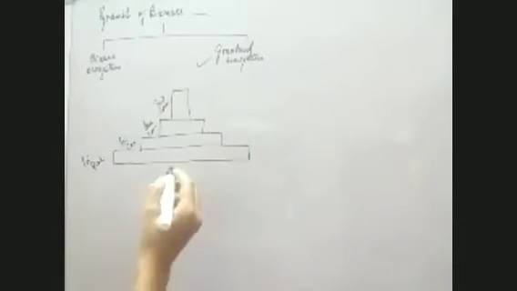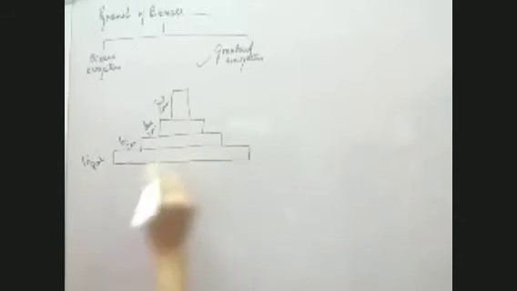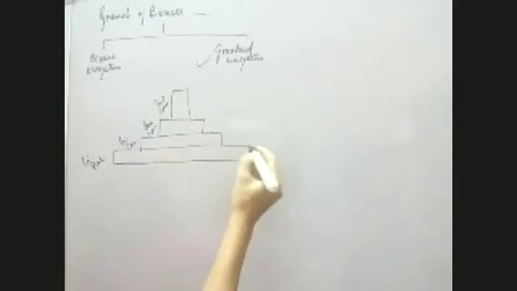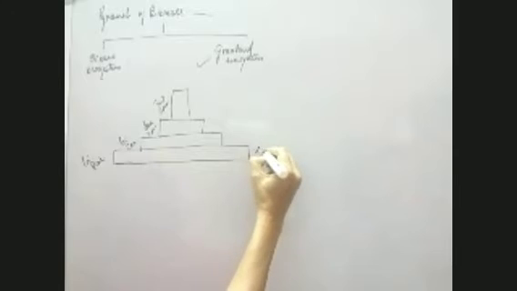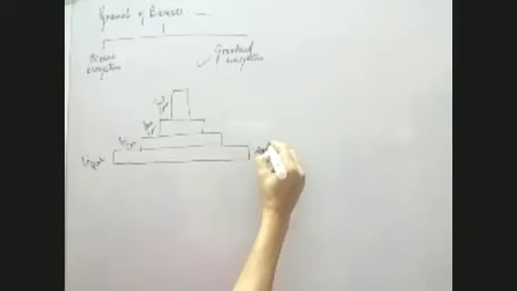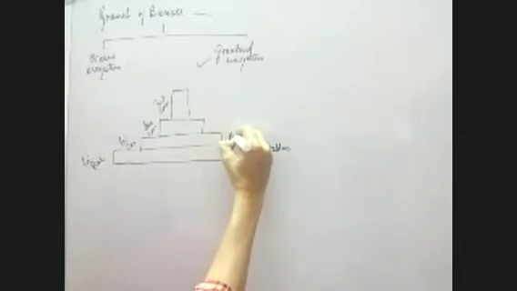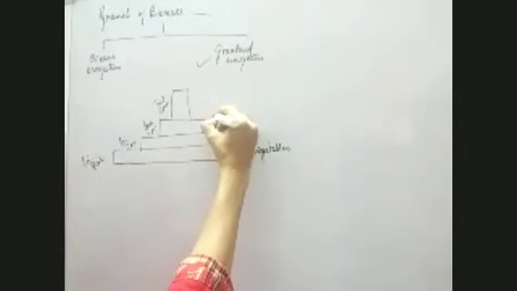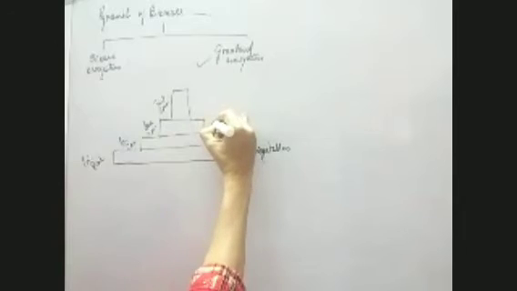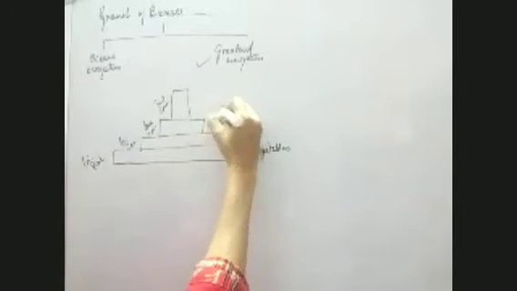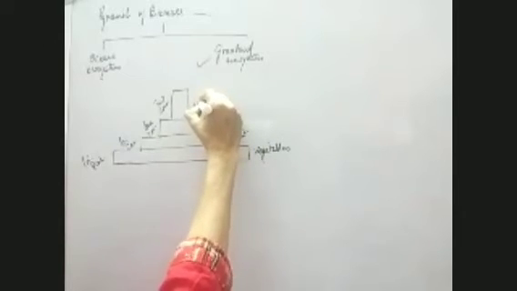Now, to be very specific, if we write here vegetation or vegetables, the one feeding on this is a rabbit. The rabbit population is feeding on the vegetables. The rabbits are being eaten up by fox, and the foxes are being eaten up by lion.